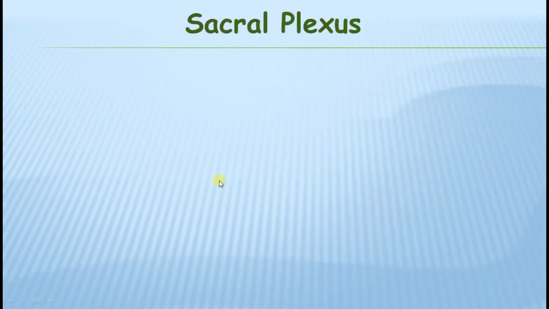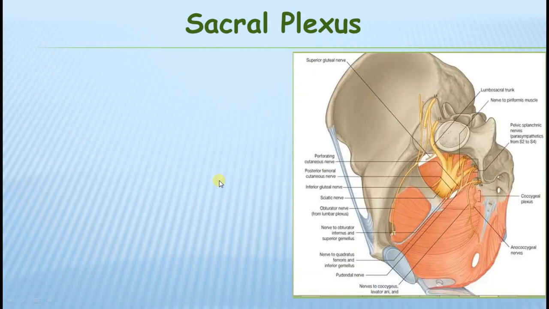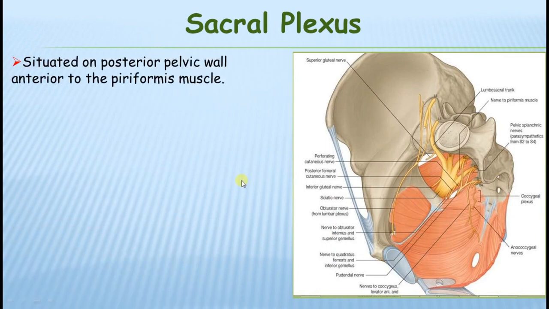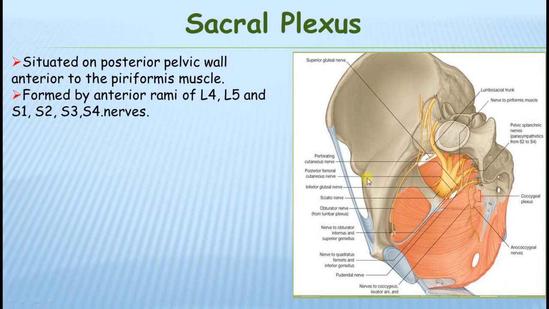So how is the sacral plexus formed? The upper four sacral nerves S1, S2, S3, S4 join with the lumbosacral trunk. Okay. The lumbosacral trunk you are seeing here is situated on the posterior wall in front of the piriformis muscle. As I told you, the plexus is formed by the S1, S2, S3 and S4 nerves, which are joined by the lumbosacral trunk.